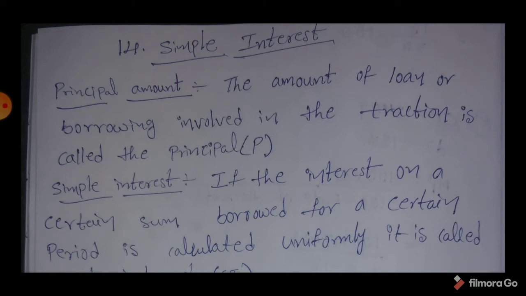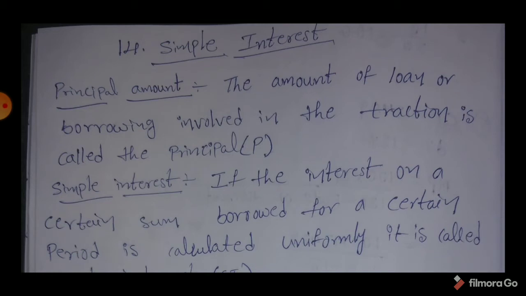In this, the amount the poor man took, that we call principal, and the amount he returned to the rich man, 1,300 or 1,200, that we call amount. Amount is included with interest. The extra amount he is paying now is called interest.